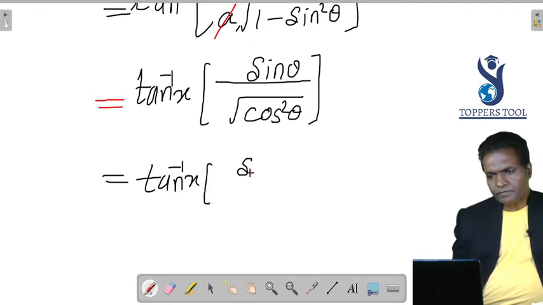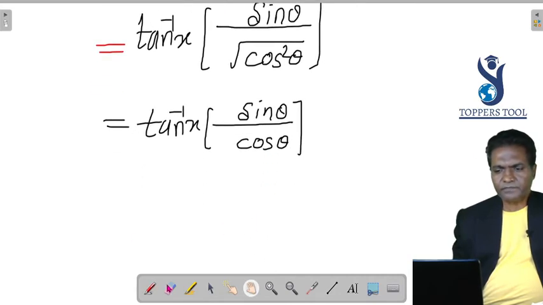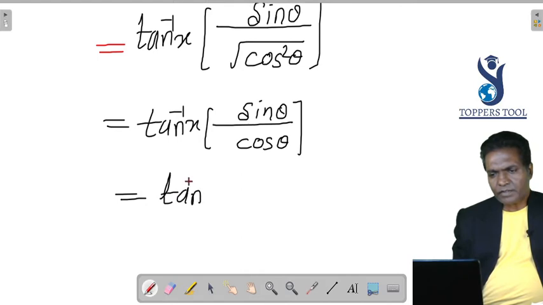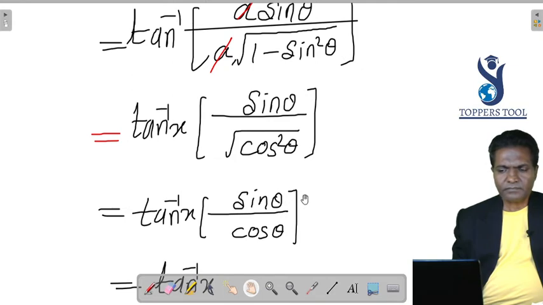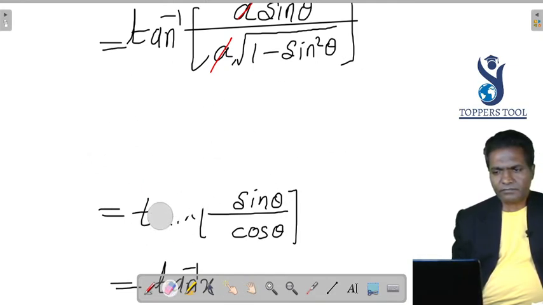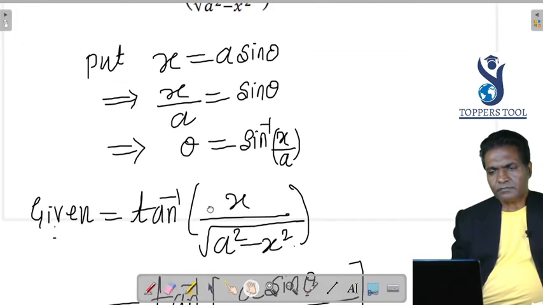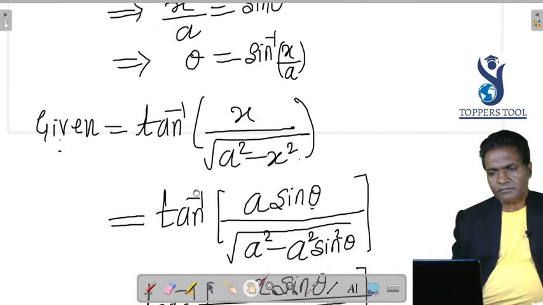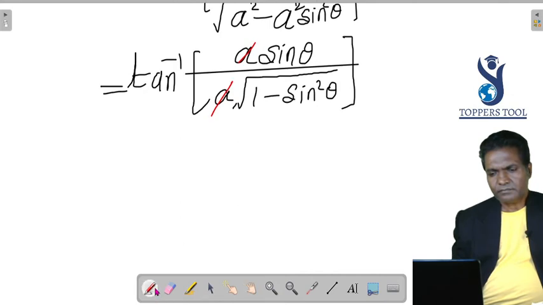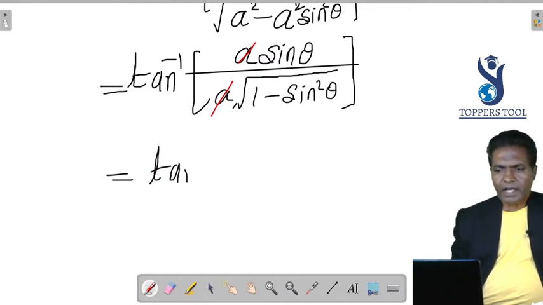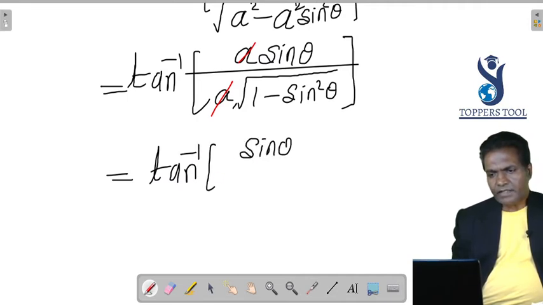So this is tan inverse of sine theta by square root of cos square theta. 1 minus sine square is cos square theta.